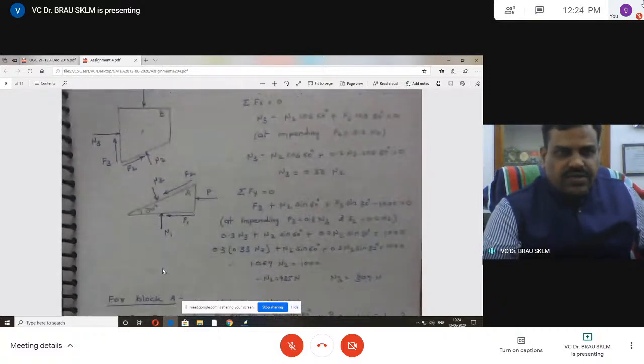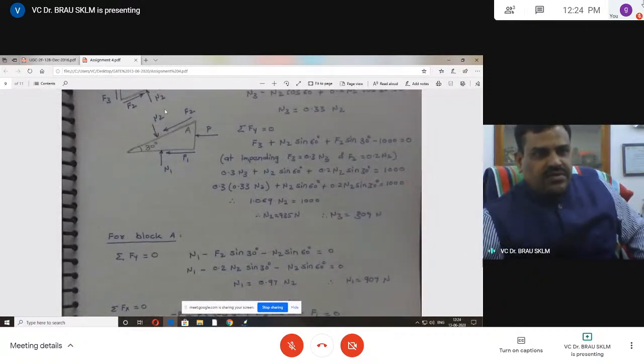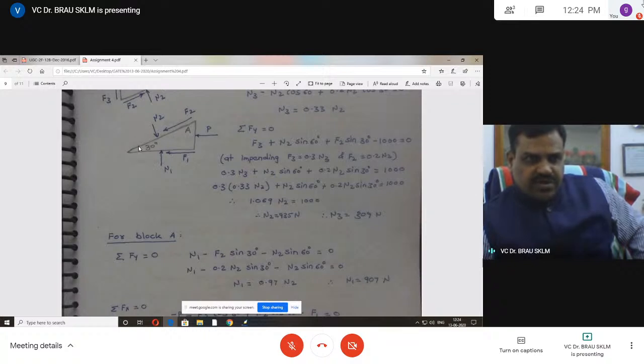So now let us go to block A. As far as block A is concerned, this is N2, again the angle between this is F2 cos theta 30 and this is F2 sin 30, along the plane and perpendicular to the plane. For this is the perpendicular. If you draw a perpendicular line, this is 30. That means along vertical N2 cos theta, along horizontal N2 sin 30. Okay. So this is how we will try to analyze the equation.